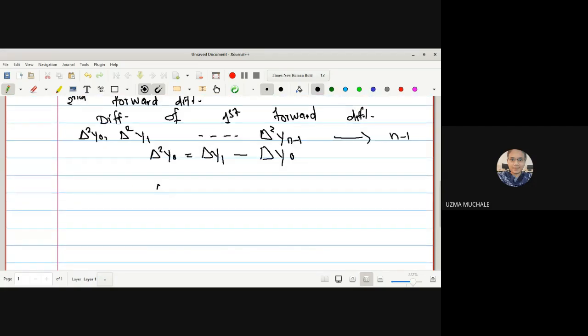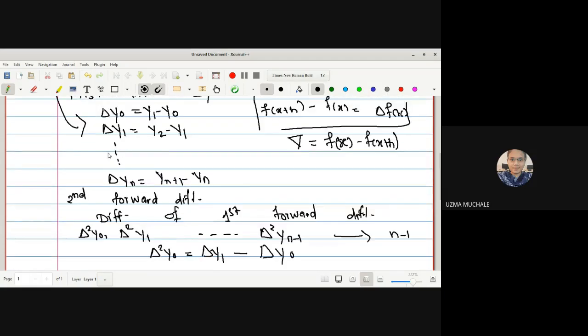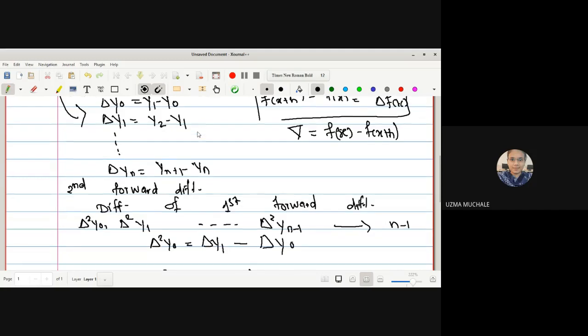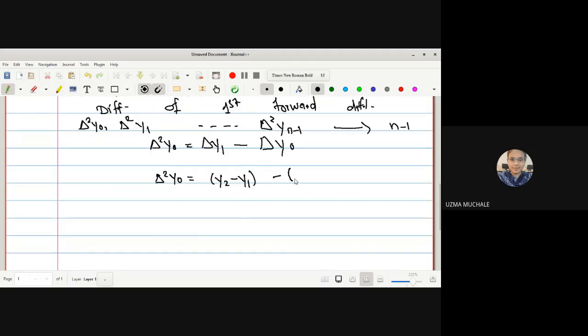So delta square y0 is equal to delta y1, which is y2 minus y1, minus delta y0, which is y1 minus y0. With the help of this I can write y2 minus 2y1 plus y0 is nothing but your delta square y0. Getting this one?